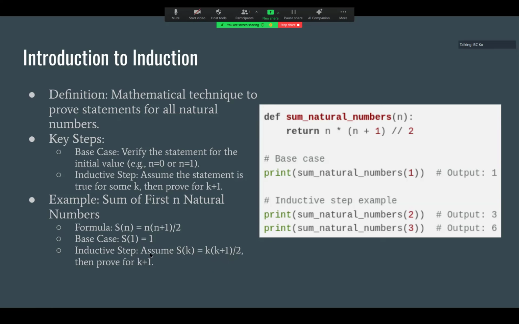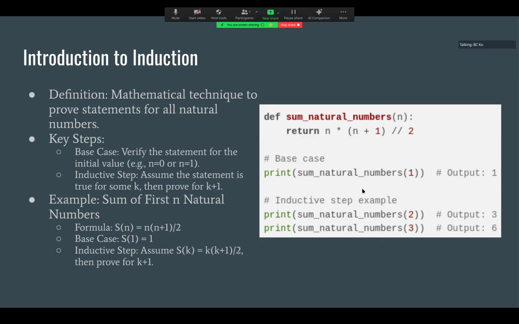This involves showing that Sk plus 1 equals Sk plus k plus 1, which simplifies to the same form as our original formula. So we are completing the proof by induction.